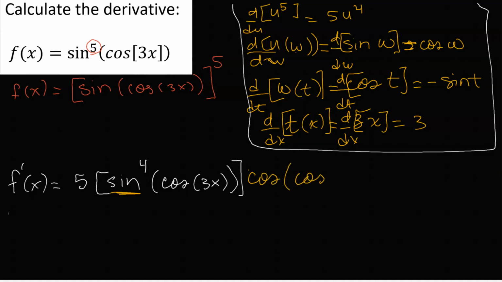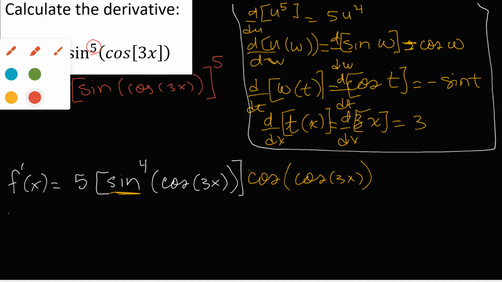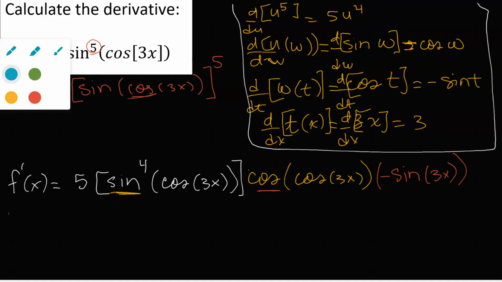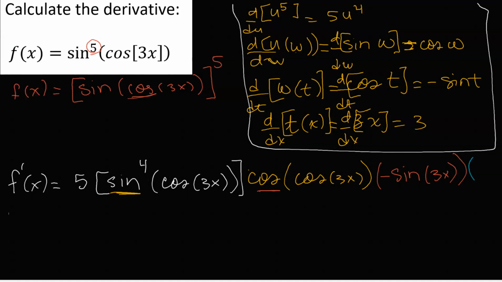Cosine of 3x is what's inside, right? And then the next would be the derivative of cosine. And the derivative of cosine is negative sine of what? Of 3x. Multiply by the last thing, which is the derivative of 3x, and that would be 3.